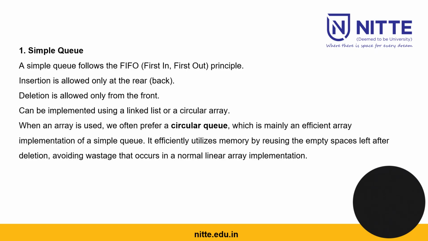This queue can be implemented using a linked list as well as using a circular array. That means when an array is used, we prefer the circular queue, because it is a very efficient array implementation for a single simple queue, and it utilizes memory by reusing the empty space left after deleting an element, and also it avoids wastage that occurs in normal linear array implementation.